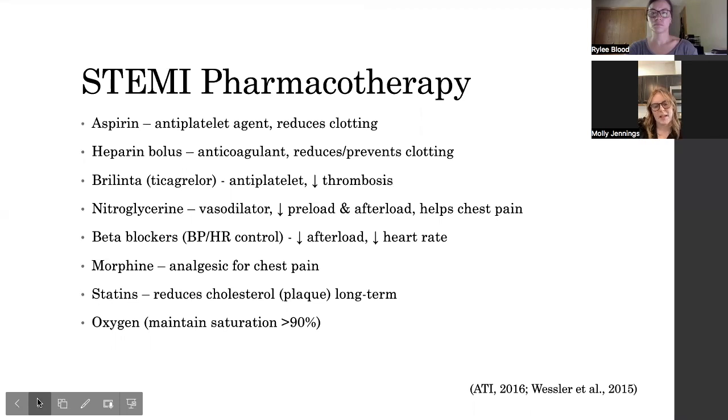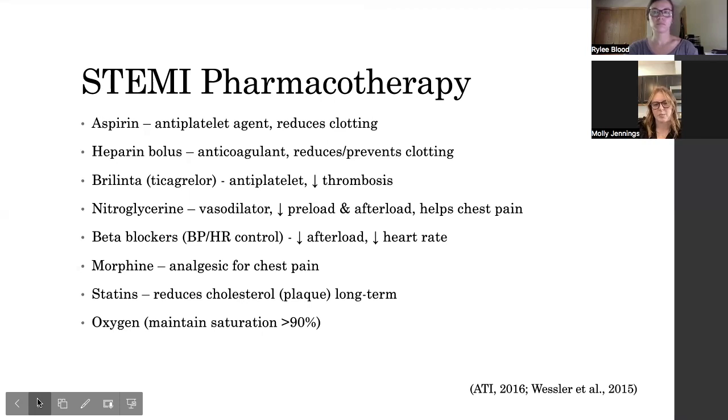Patients don't always have access to nitroglycerin beforehand, but they would likely be sent home with this following a STEMI for future use if chest pain does recur, and it has certain parameters to use before seeking help again. Other medications such as beta blockers can be used to control the blood pressure by decreasing the afterload and the heart rate.